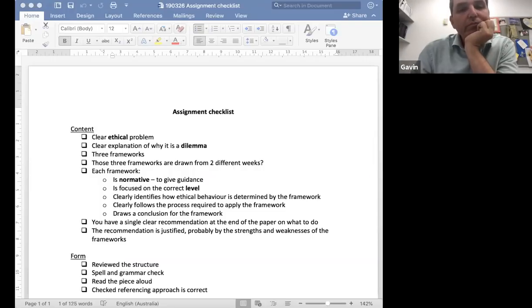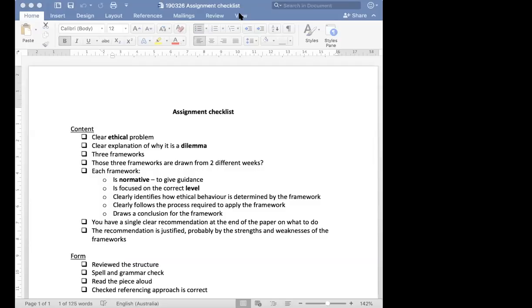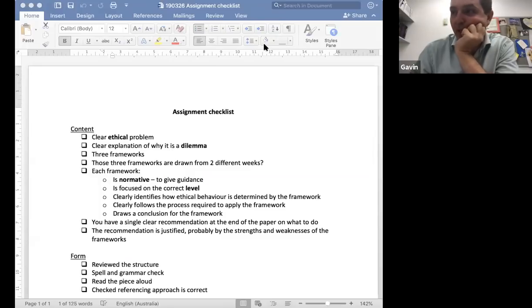Okay. Should we talk about the strengths and weaknesses of each framework when we define it, or only in the recommendations? That's up to you. I think it can be done both ways. Again, be thoughtful about how much time you spend on what.